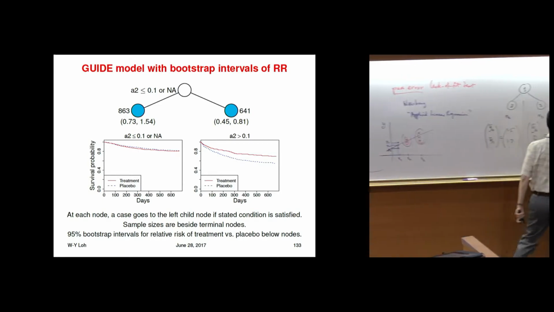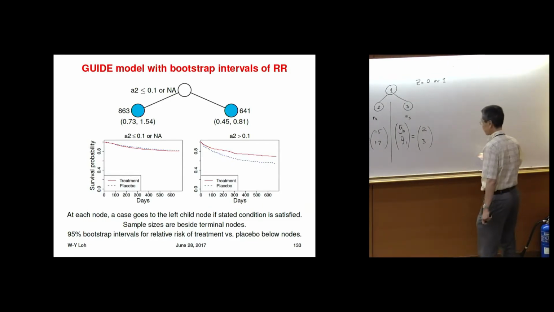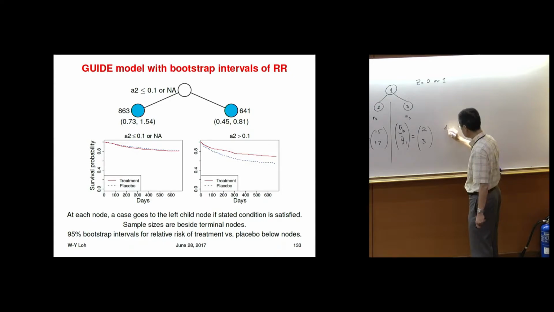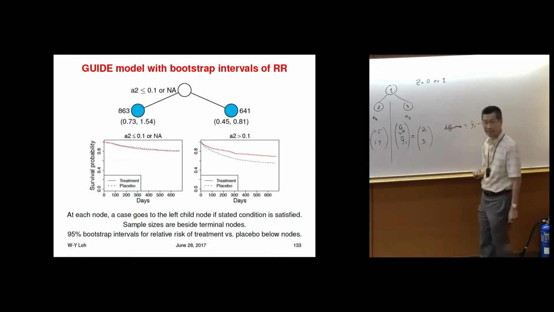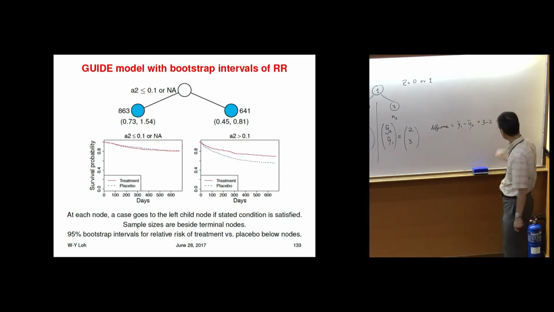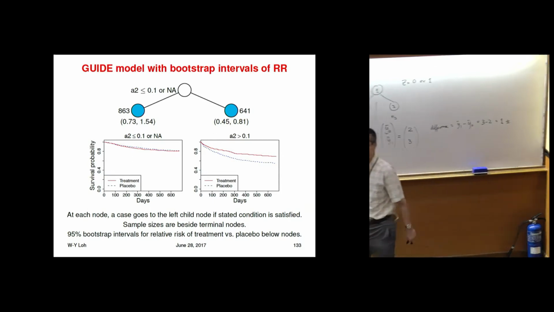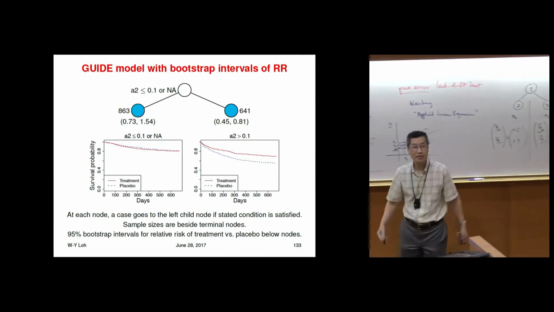So the difference is Y1 bar minus Y0 bar, which is 3 minus 2. This is 1. What you want to know is, what is the standard error for this? What's the variance of that, the precision of that?